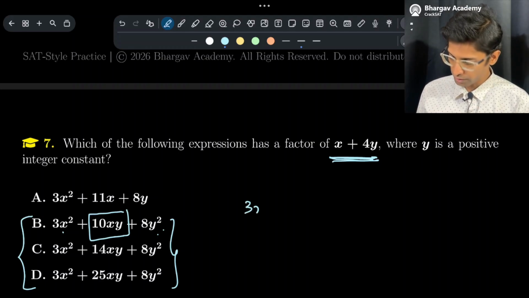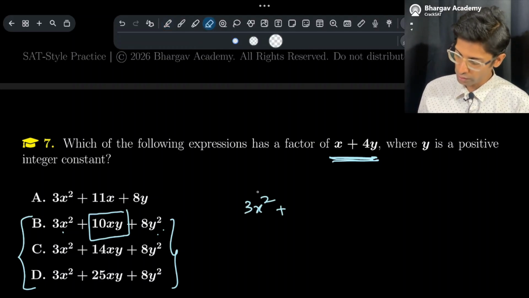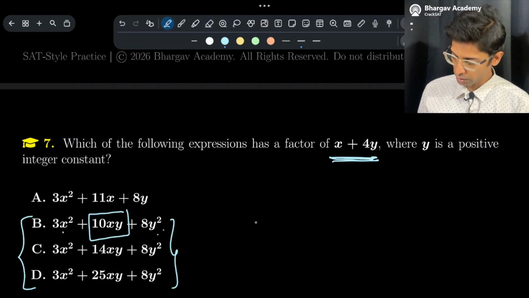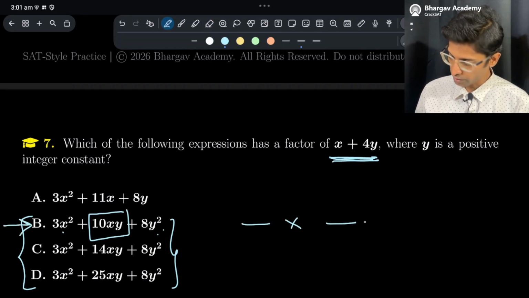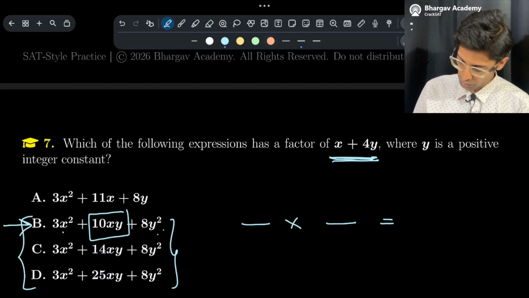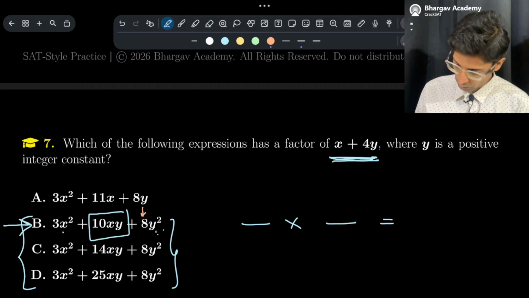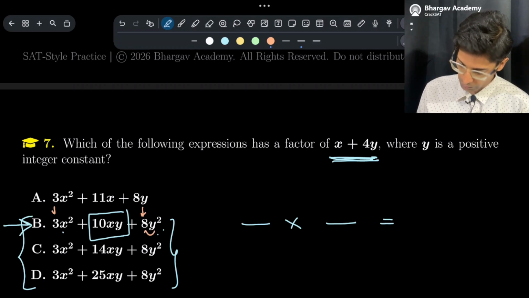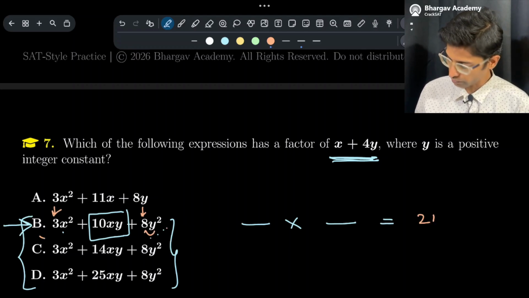Let's see. So 3x square plus, how do I do the splitting of the middle term? I should find two numbers. First I'll consider this expression. Please focus here: take the coefficient of y square and the coefficient of x square, multiply these two and write it down here.